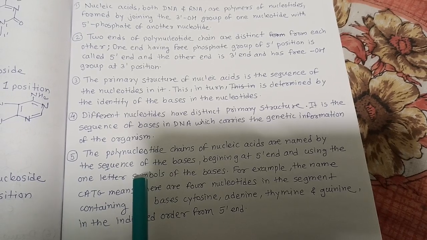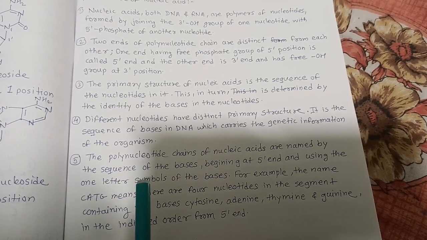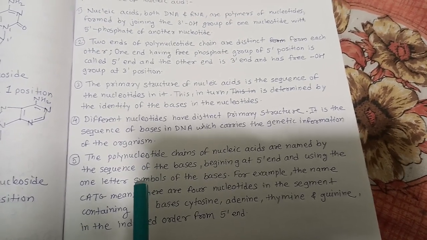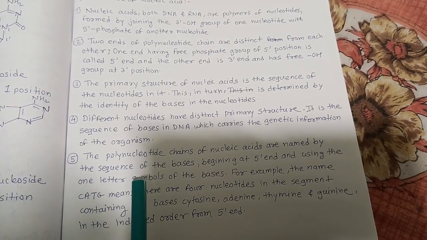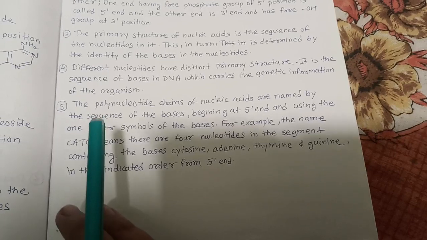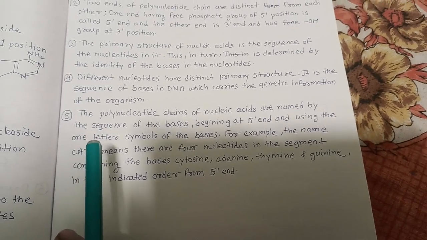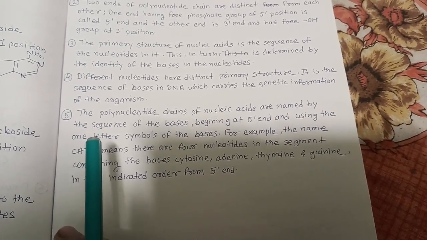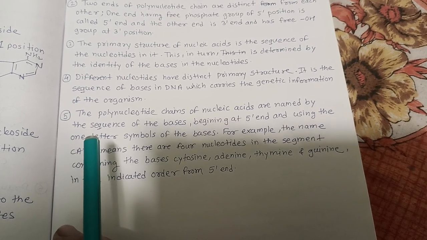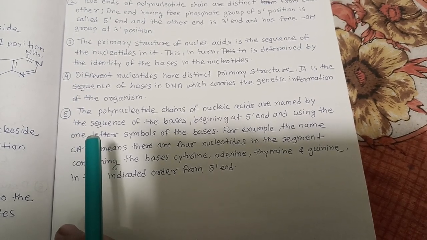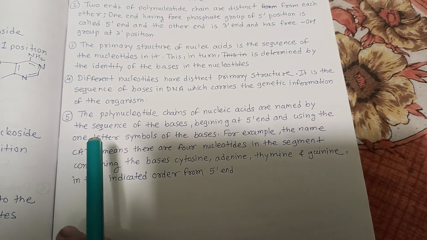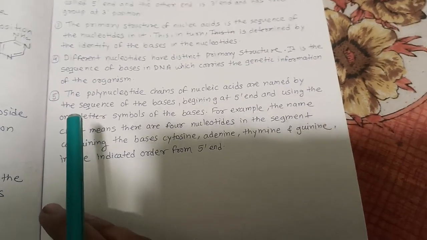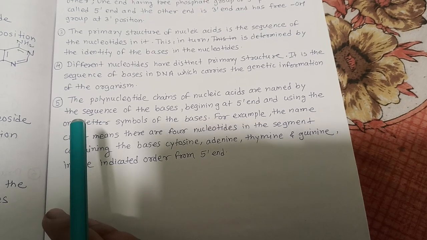One end having free phosphate group at 5' position is called 5' end, and the other end is 3' end and has free OH group at 3' position. The primary structure of nucleic acids is the sequence of the nucleotides in it. This in turn is determined by the identity of the bases in the nucleotides. Different nucleotides have distinct primary structure.